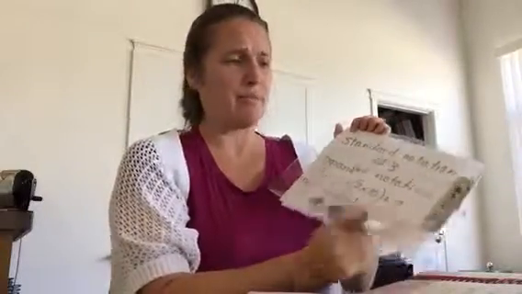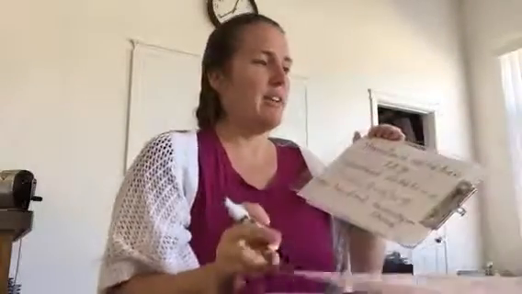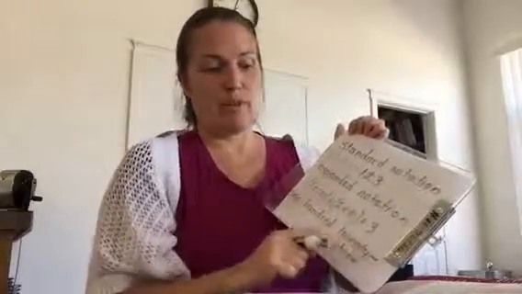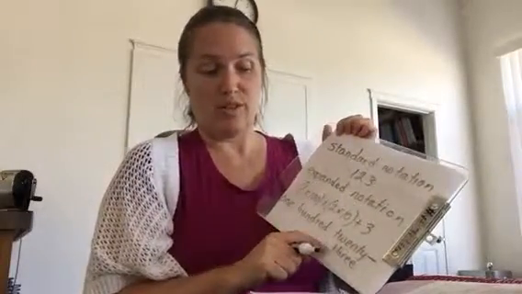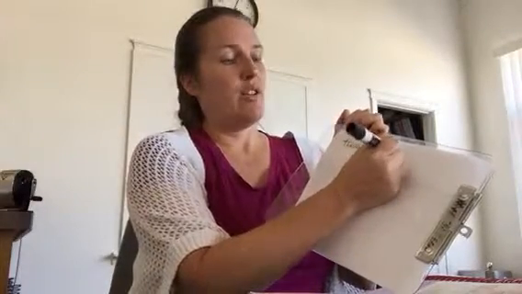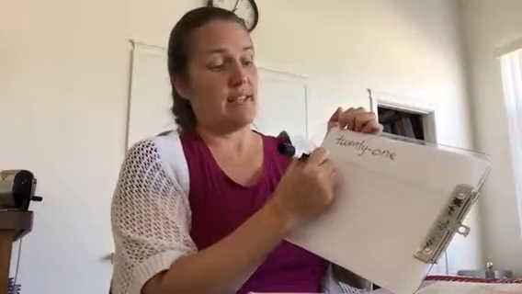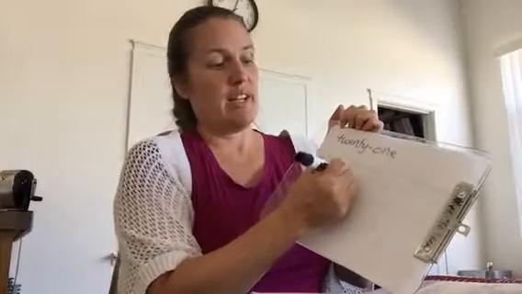Also, notice the hyphen. A hyphen is used to connect the parts of a compound word, in this case 23. The numbers that you need to hyphenate are the numbers 21 through 99. Those numbers get hyphenated.